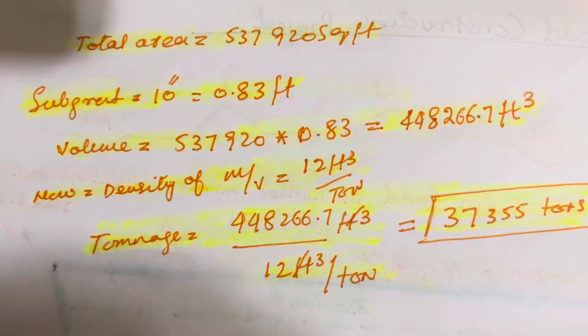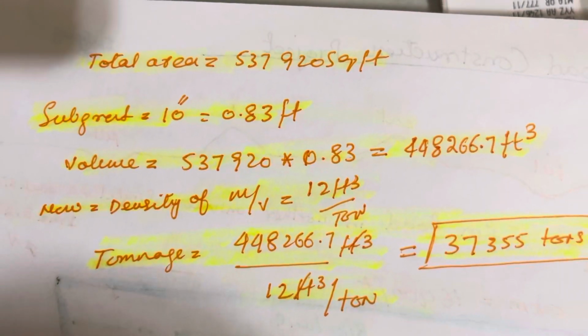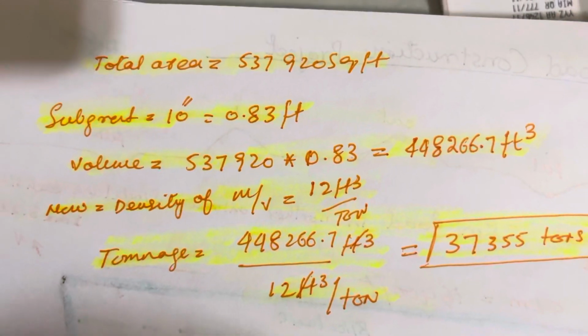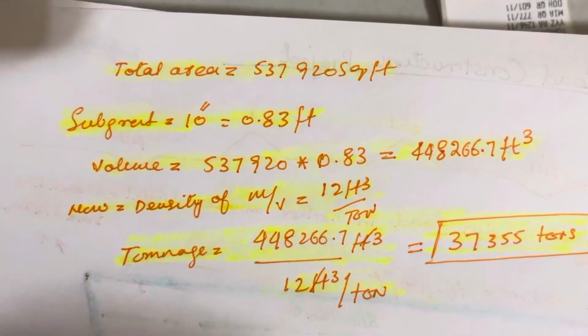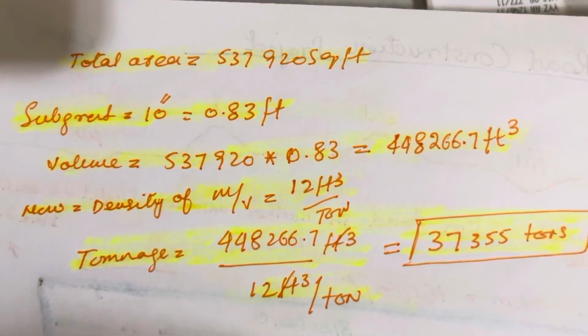And the subgrade I'm calculating is 10 inches. When you convert 10 inches to feet, it's 0.83 feet. So the volume is the area times the thickness, or the height.